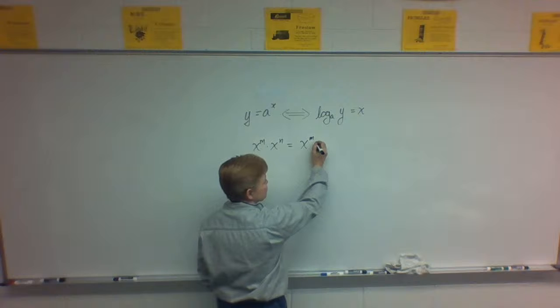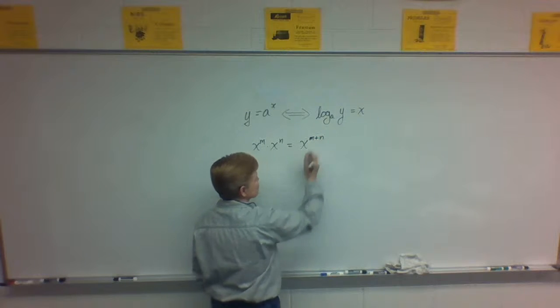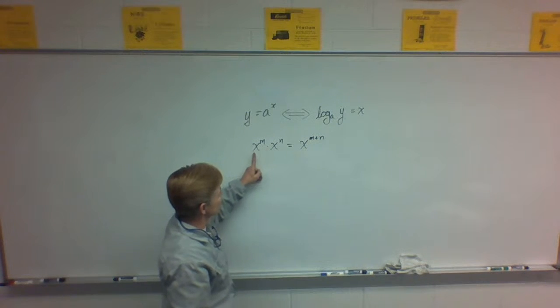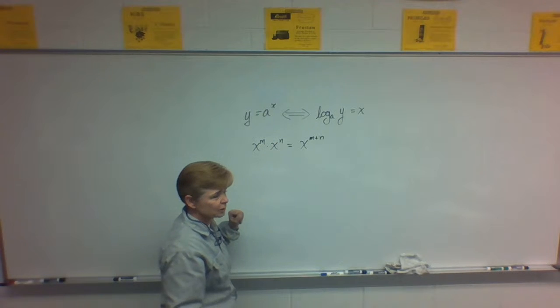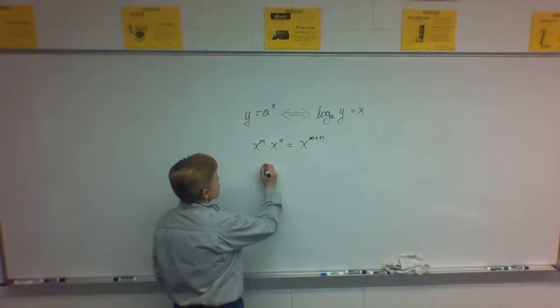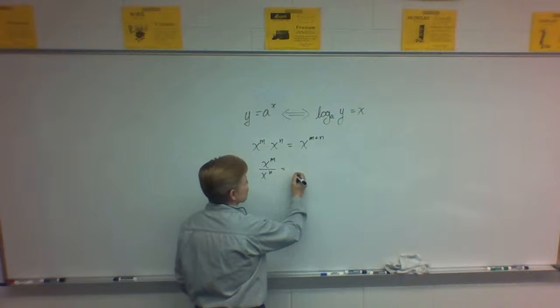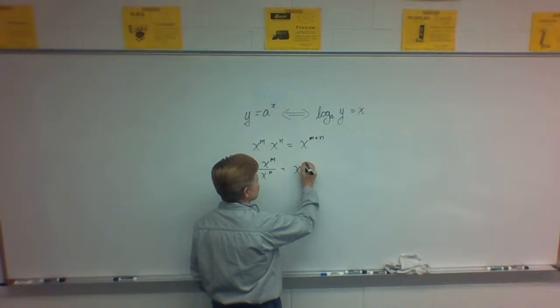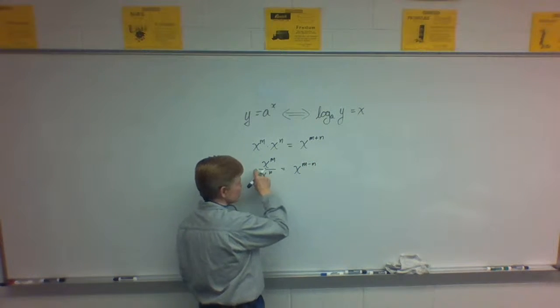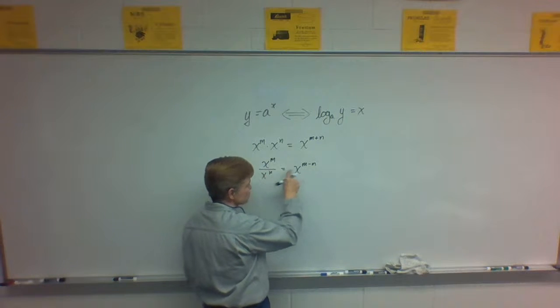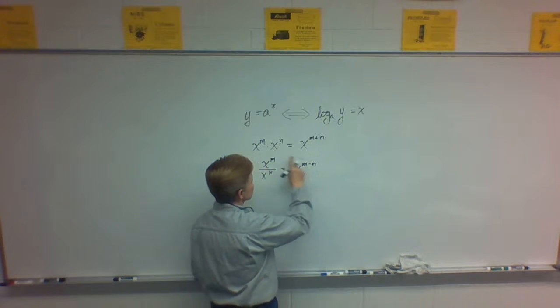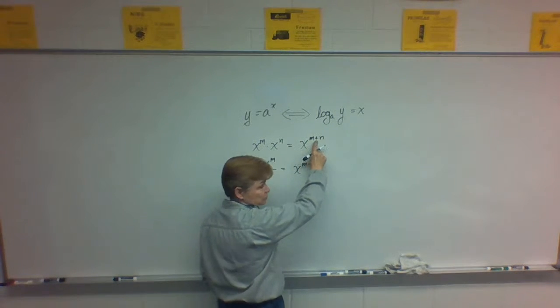X to the m plus n. So if you're trying to multiply two things with the same base, you add the little guys, right? X to the m divided by x to the n is m minus n. In other words, when you're trying to divide, you're doing a quotient, it turns into a difference. Products turn into sums, right?